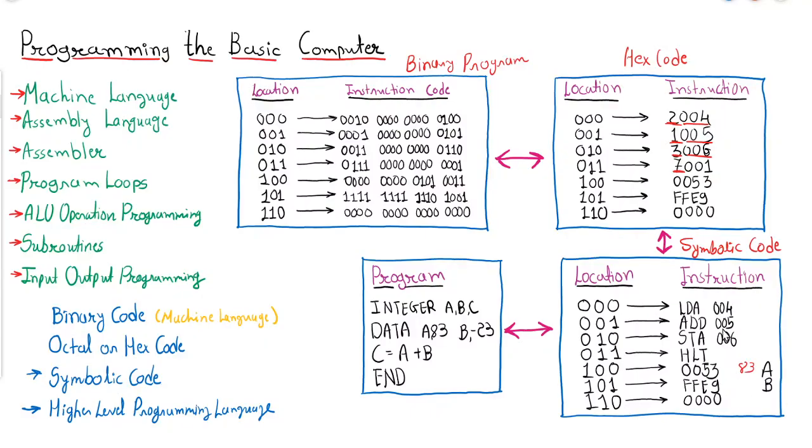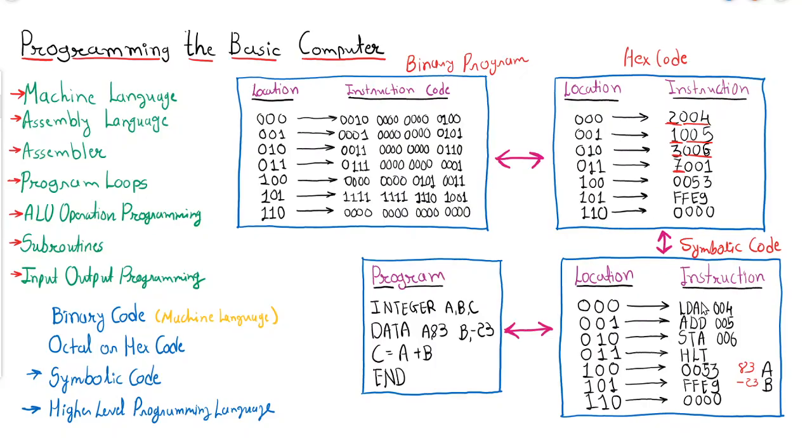And 005 is -23. Here the number is stored using the 2's complement method. So this is 83, this is -23. We will go with the higher level programming language later on. So let's have a look at the last instruction, 1100.